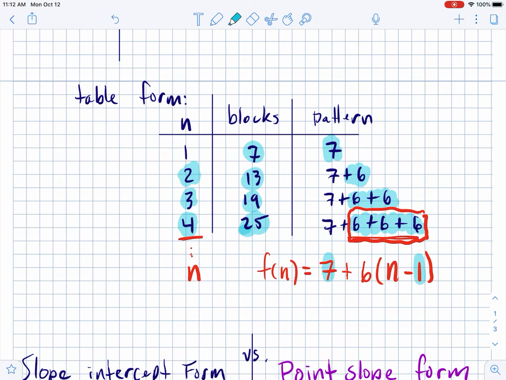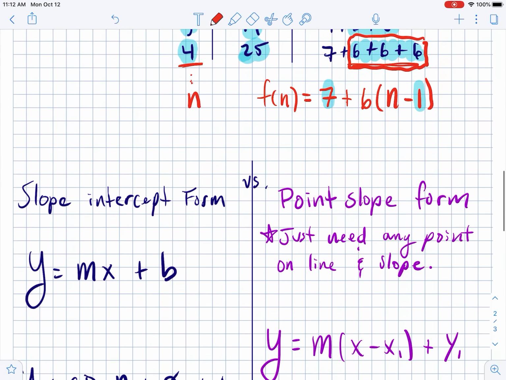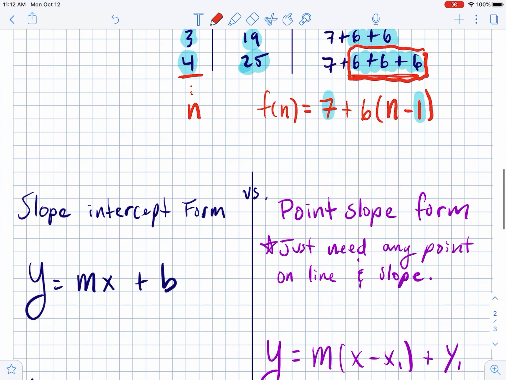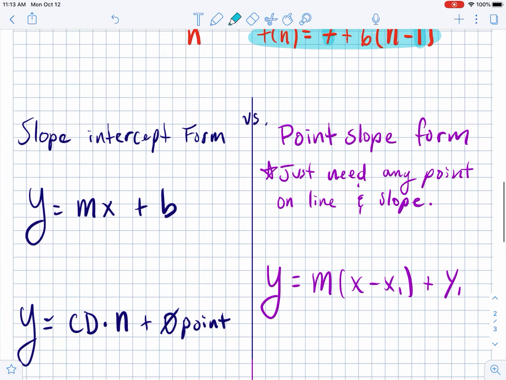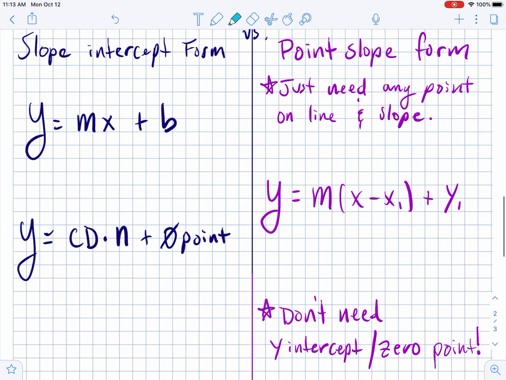Please notice that this part and this part, 1 and 7, are like a coordinate from up here. That's going to come into play later. This part that I was just talking about is point-slope form. So let's talk about slope-intercept form, and then we'll talk about point-slope form.